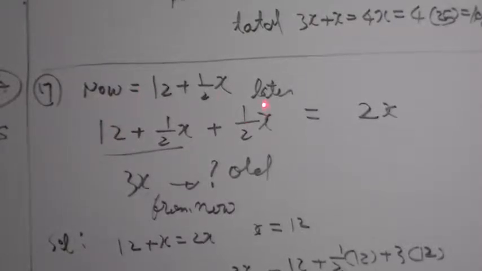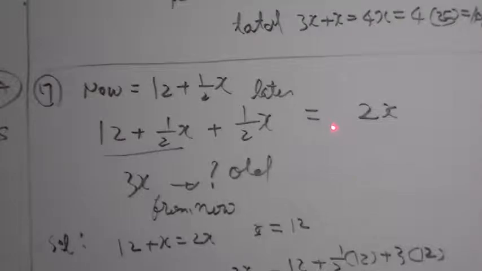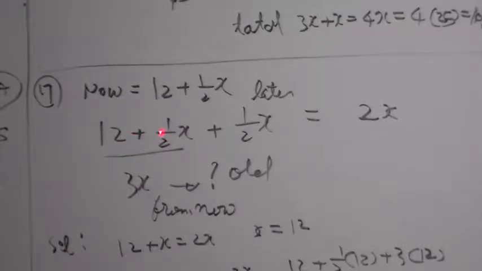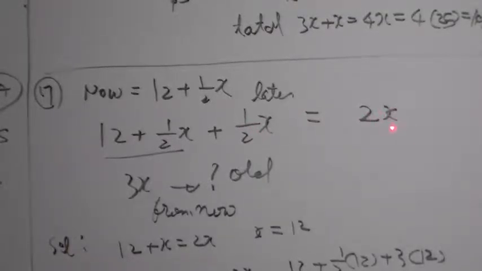But they say half x later on is going to be 2x, right? So from half x years later, now is 12 plus half x, plus half x years later will be 2 times x. So we're going to make a 2x right there.